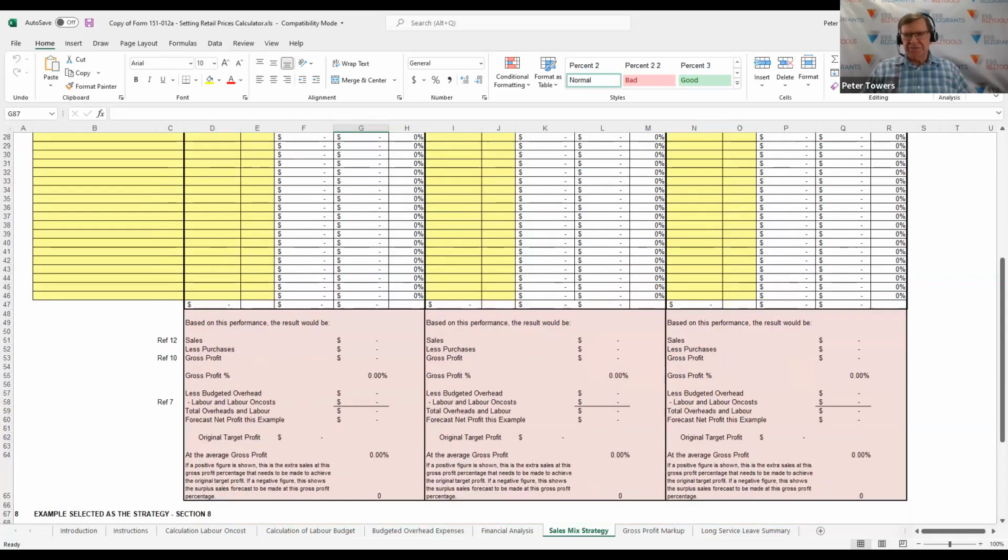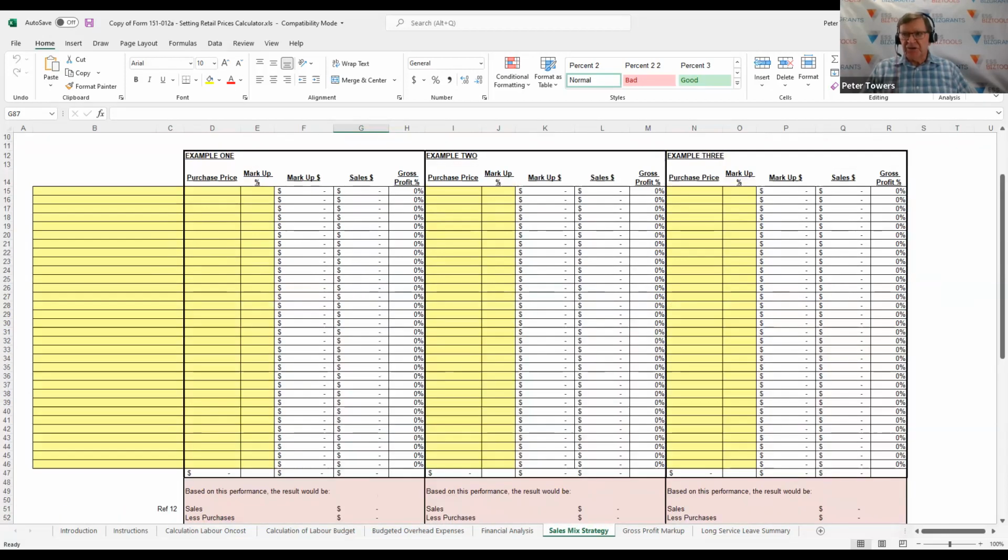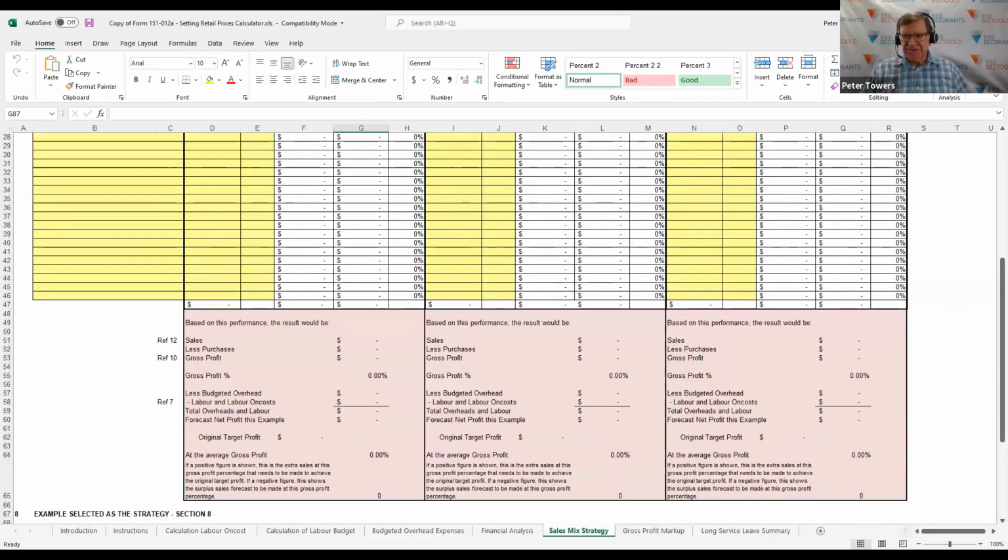And then it will total the whole exercise. What this is telling you in this analysis is, based on this, the sales would be a certain figure. The purchases would be the total of this column here. That's why we've got a total figure there. And the gross profit would then be calculated.